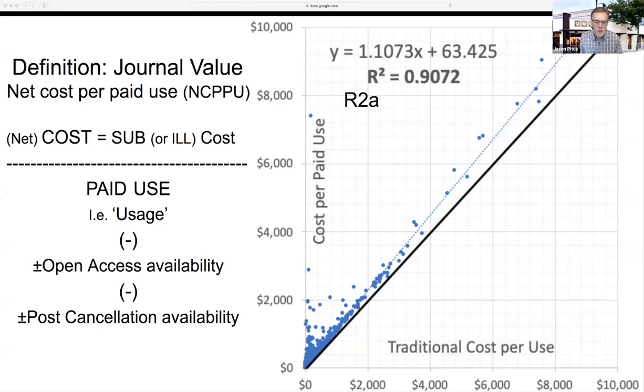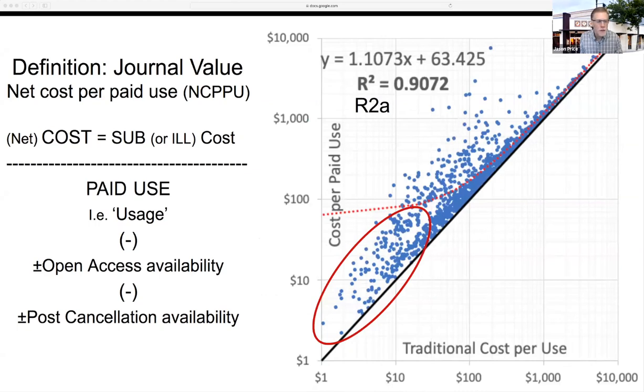So as a result, the cost per paid use metric will always be higher, greater than or equal to traditional cost per use, as you can see here, given the slight shift of the line to the left. And the strength of this relationship, which I haven't shown in the figures, is not quite as strong. The highest was this one, around 90% of the variation, but it ranged from about 60 to 90% across our institutions.